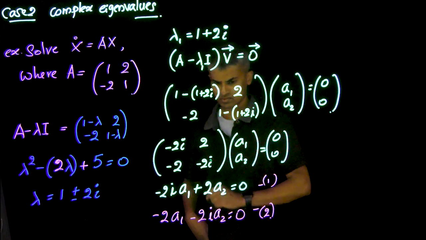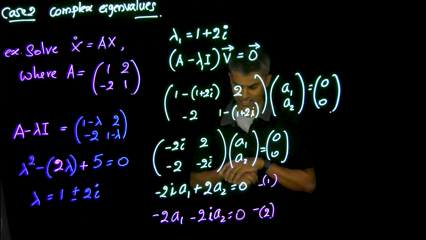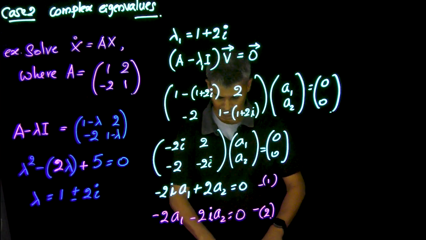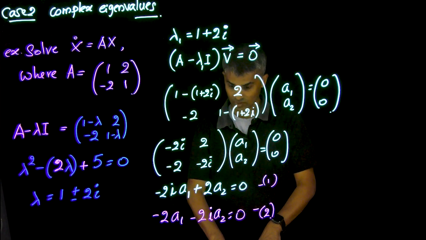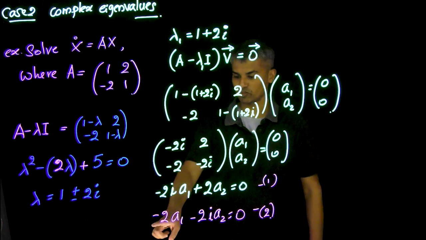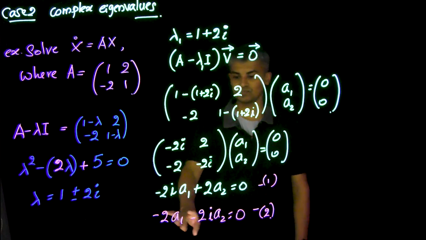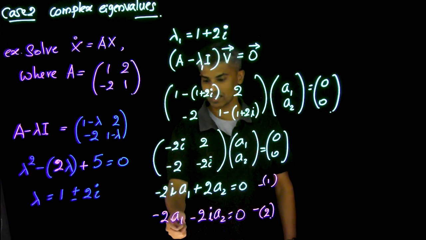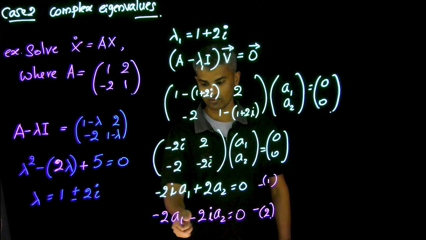And wait, I think I made a mistake. Negative 2a1 minus 2a2i equals 0. Yes, so if you multiply the second, no, this is correct. If you multiply the second equation by i, you will get the first equation.